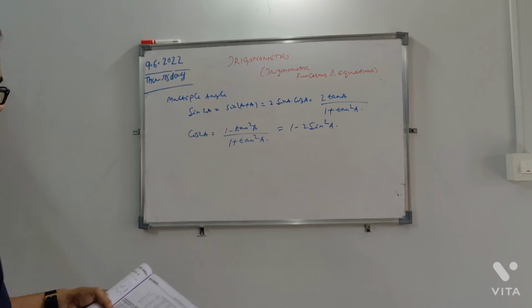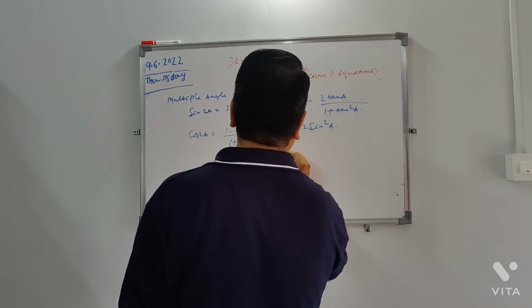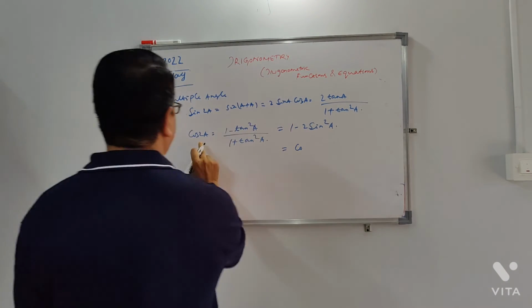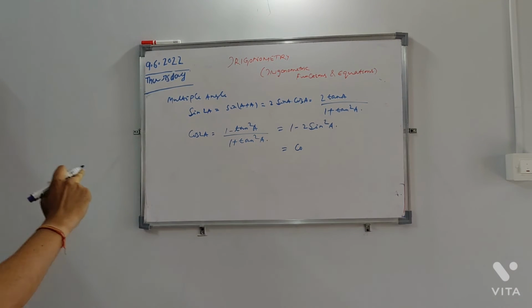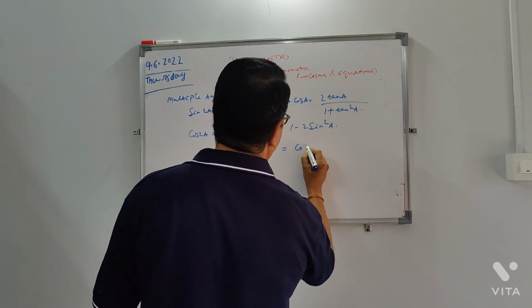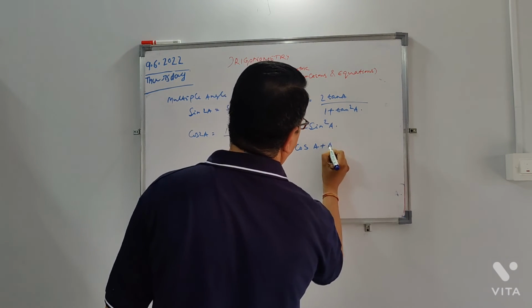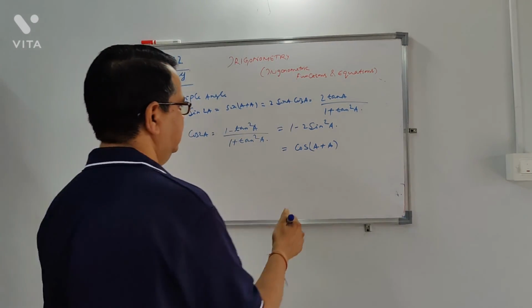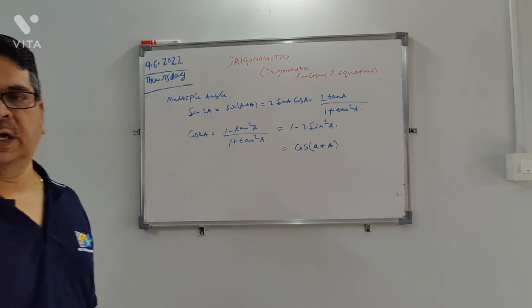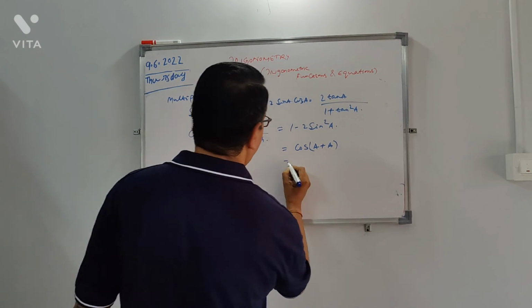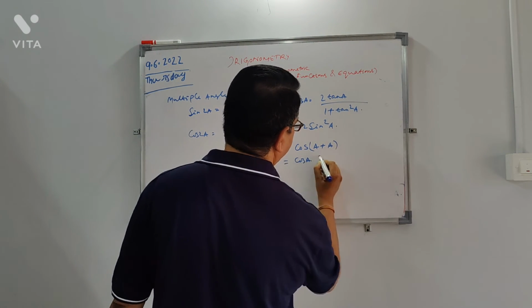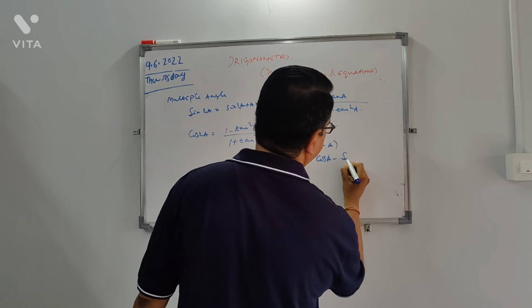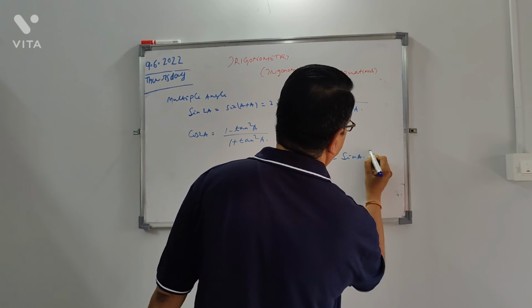Again, using the cos A plus B formula you can get it, since it is nothing but cos of A plus A. So it will be cos A into cos A minus sin A into sin A.